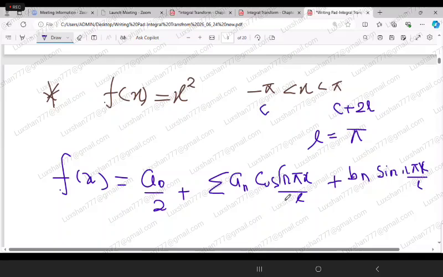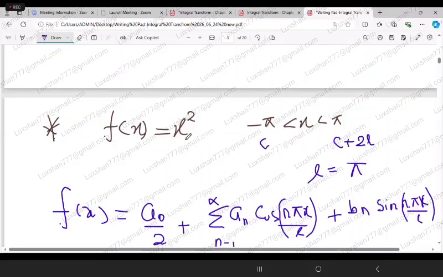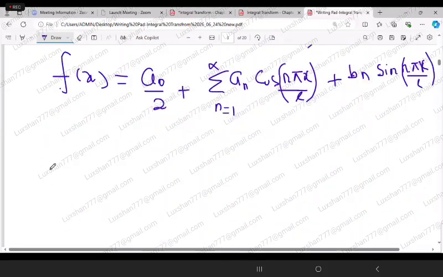This L is inside the angle, and you have to understand that, otherwise you will make a mistake. Here n runs from 1 up to infinity. They are asking us to find the Fourier series of this function, so we'll find the coefficients one by one. We'll first find a naught.